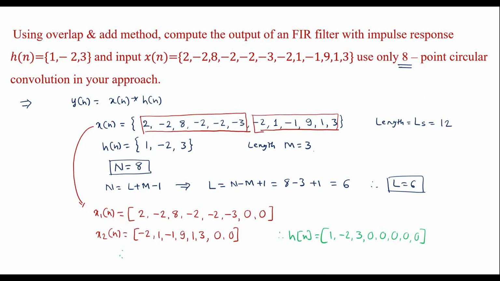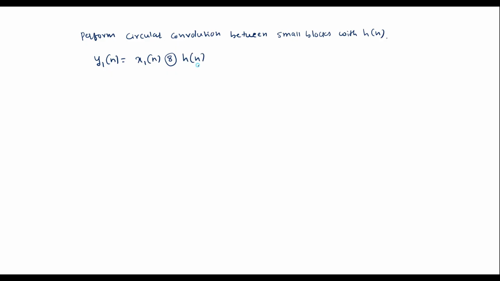Now we are supposed to perform the circular convolution between x1 of n and h of n, then x2 of n and h of n. Now perform circular convolution between the small blocks and h of n. That is, I can write y1 of n is equal to x1 of n circular convolved, with N equal to 8, with h of n.